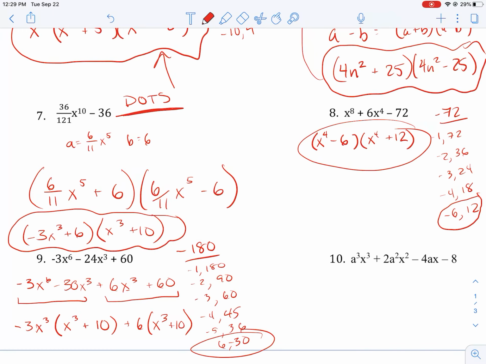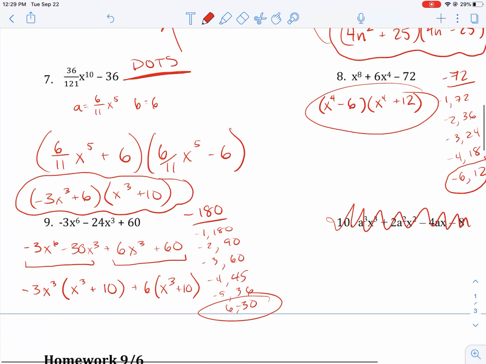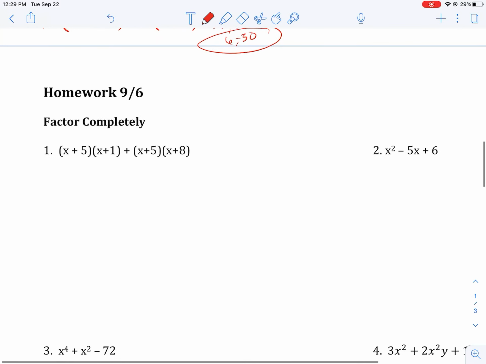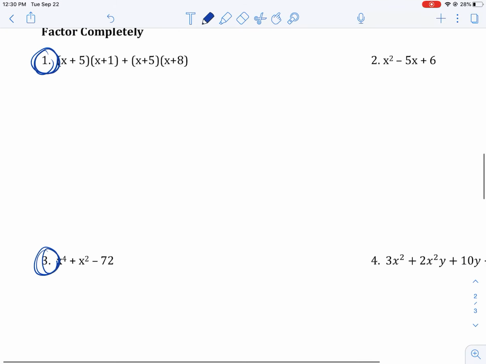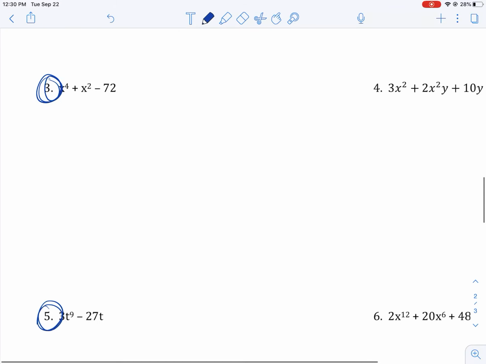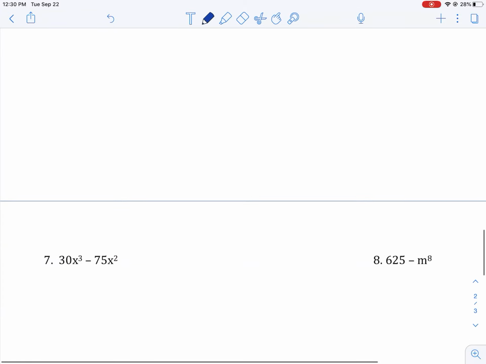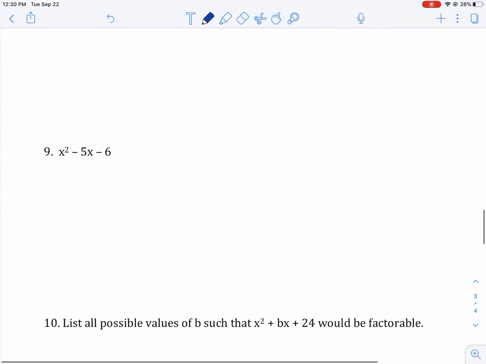So we're going to skip number 10. All right, I'm going to cut the video short. For the blue group, I want you to do the odd ones. So 1, 3, 5, 7, and 9.